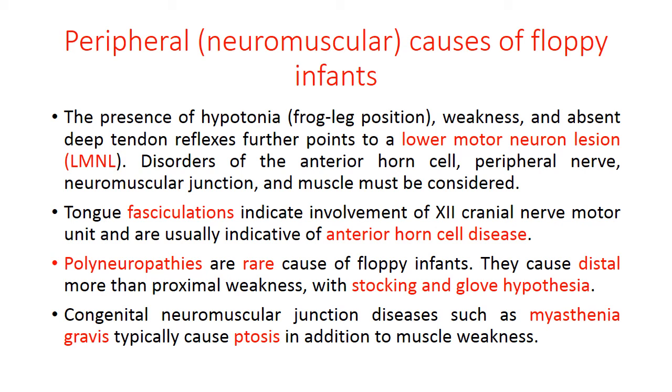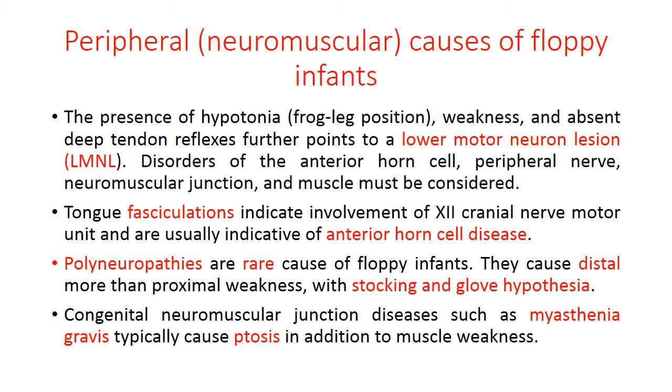On the other hand, polyneuropathy is a rare cause of generalized hypotonia in the first year of life, and usually an infant with hereditary neuropathy will have a distal more than proximal weakness and will have stocking and glove hypoesthesia, while our infant had an intact pain sensation.